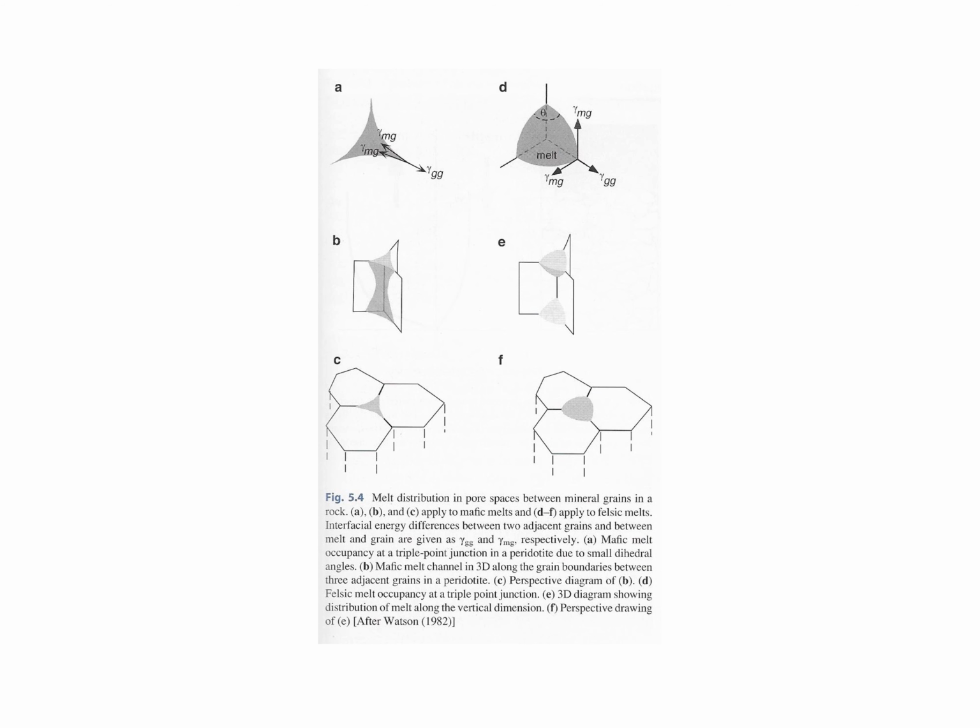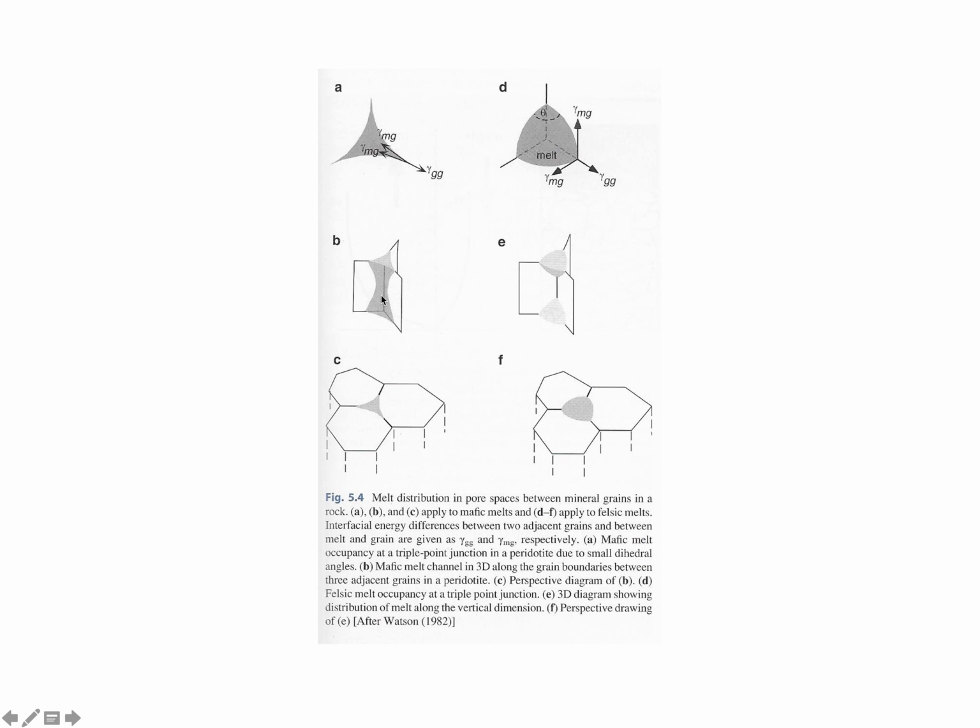That we have B. And C, we have a perspective diagram of B. Here you have the olivine or the orthopyroxene grains, and how they are related. Here we have our triple junction.